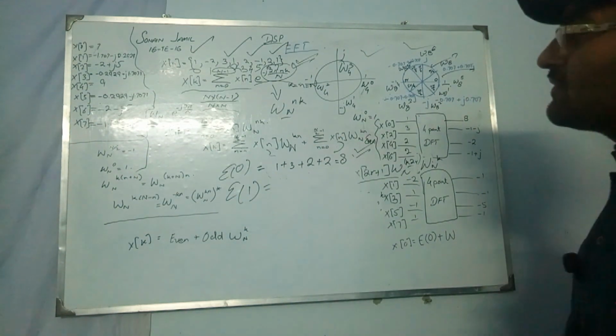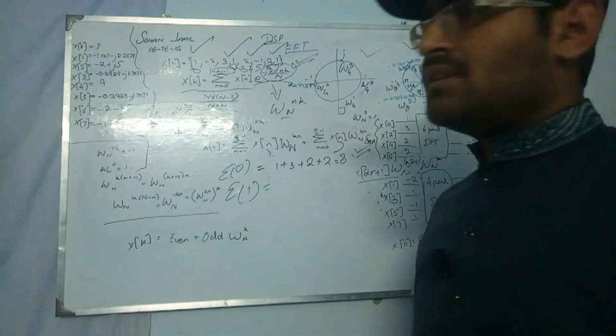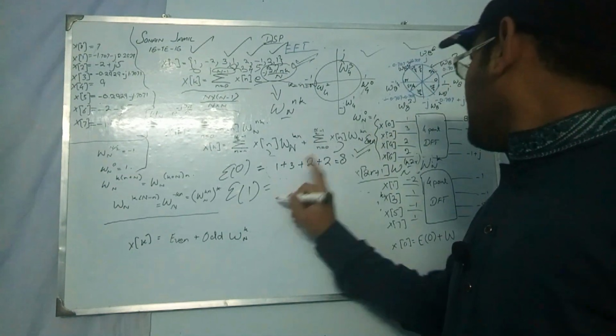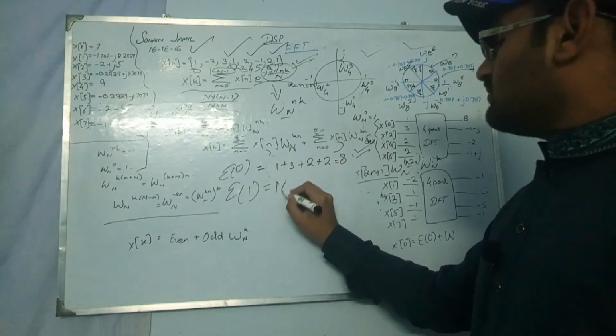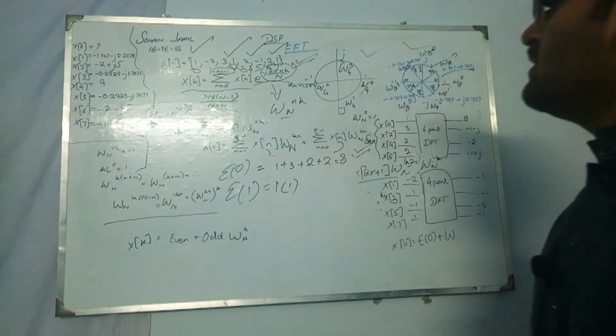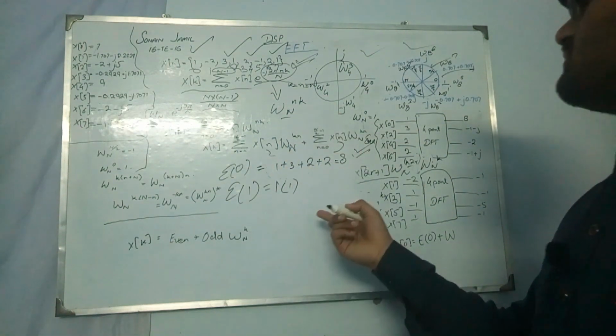Similarly for the next one, apply the 4-point DFT. X of 1, what is x of 1? K is equal to 1, but n is equal to 0 the first time.